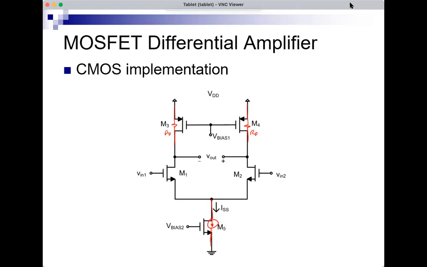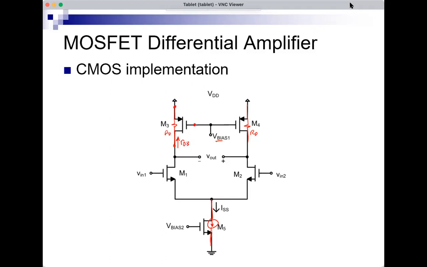So in the signal analysis, if I have a MOSFET like M3, as far as M1 is concerned, it's looking into the drain of M3, and there is a DC, no signal, at the source of M3, and a DC voltage at the gate of M3. And we know that when we look into the drain of a MOSFET with no signal at gate, no signal at source, we will see its small ro.